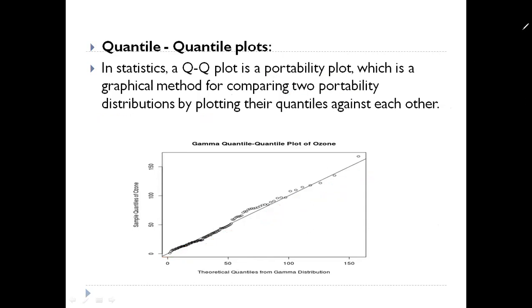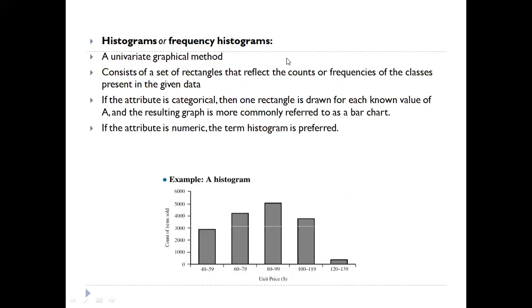And coming to the next one, the histogram. Okay, this is the representation of the histogram here. So histograms are represented like this. This is unit price and these are the counts of items sold. Suppose one item is priced 40 to 59 rupees, so 300 pieces of that item are sold.